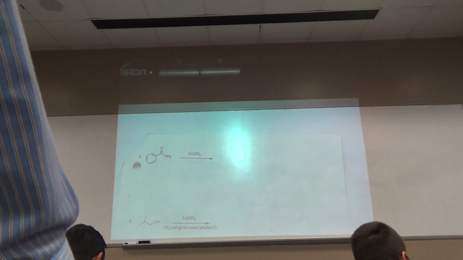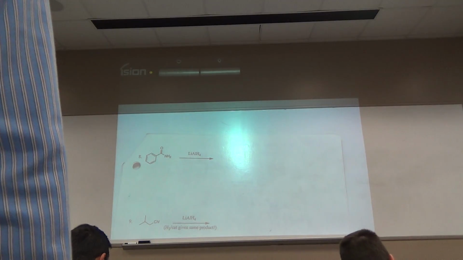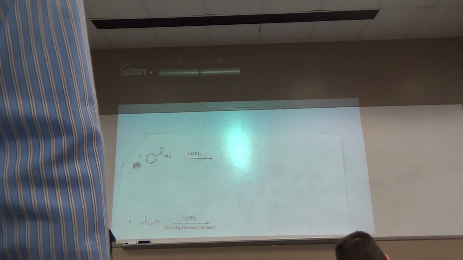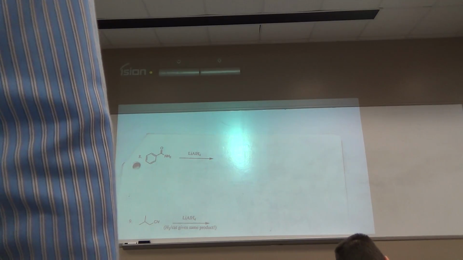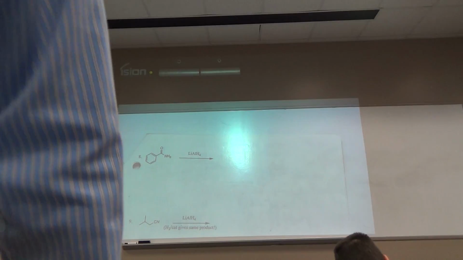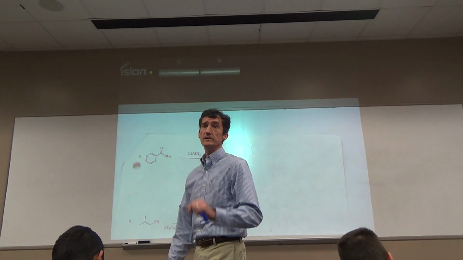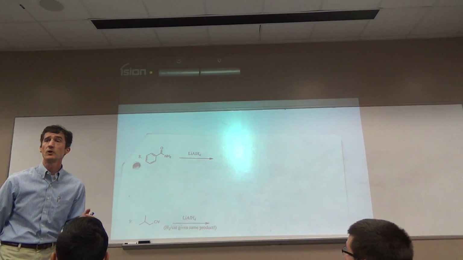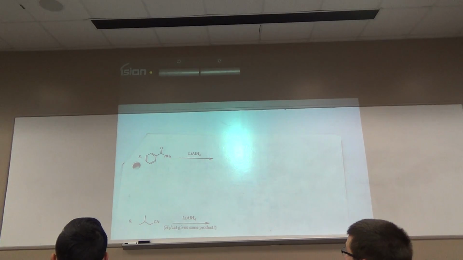If you make a product that's going to react with your reagent, it should react further. That's very reasonable. Workup is going to give a neutral product. Problem is, while that's very good mechanistic thinking up to this point, it's actually wrong, because we're going to have a twist. But that's what I expected to see right there.